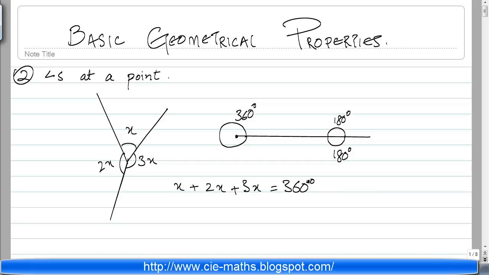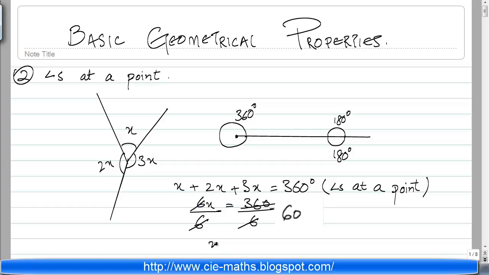And as required, I will have to write the property in front of it, that is angles at a point. So if I further solve this example, x plus 2x plus 3x would be equal to 6x is equal to 360. To remove x, I will divide both sides by 6, and you are left with 60 degrees, which is the value of x.